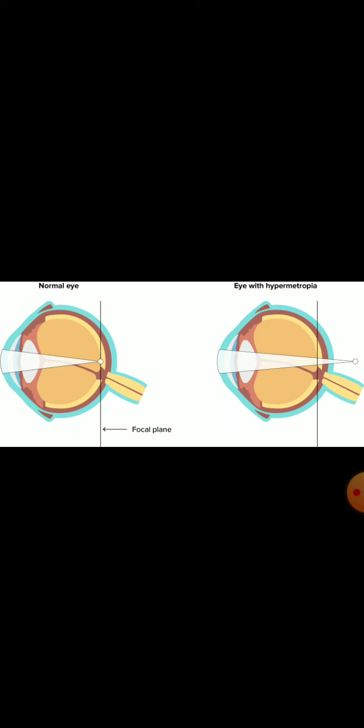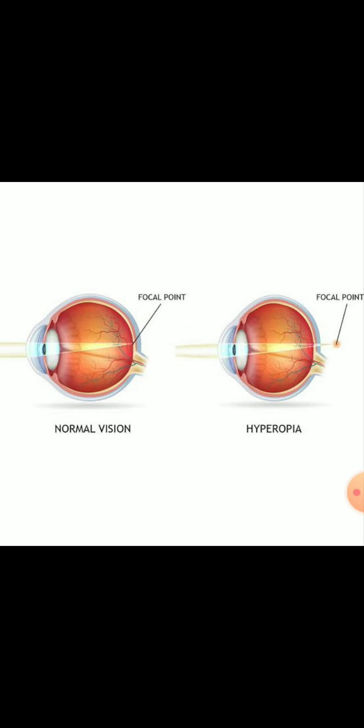So a person with hypermetropia will have the near point farther than normal, which means it will be farther than 25 centimeter. Such a person has to keep a reading material much beyond 25 centimeter from the eye for comfortably reading.